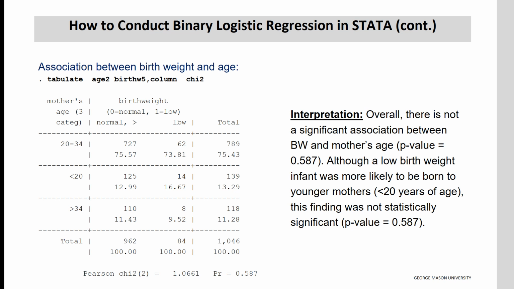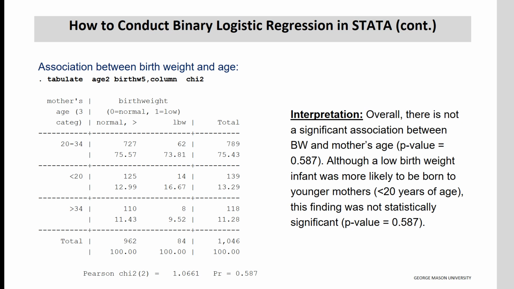Now, let's take a look at the association between birth weight and age. So we run the same command as before, tabulate, but this time, instead of smoking, we have age in the command line.